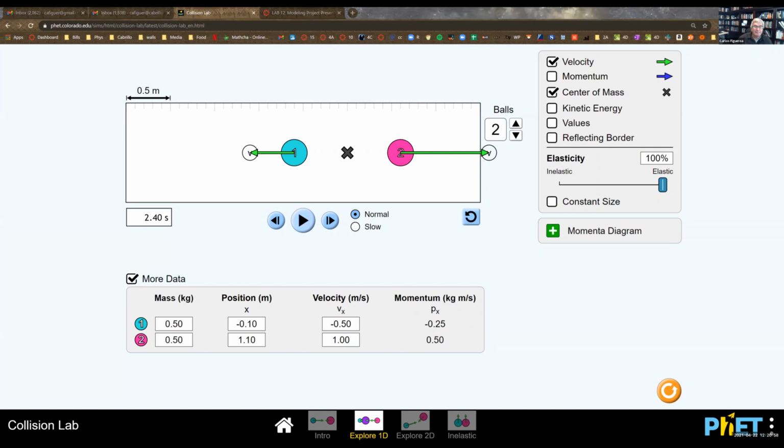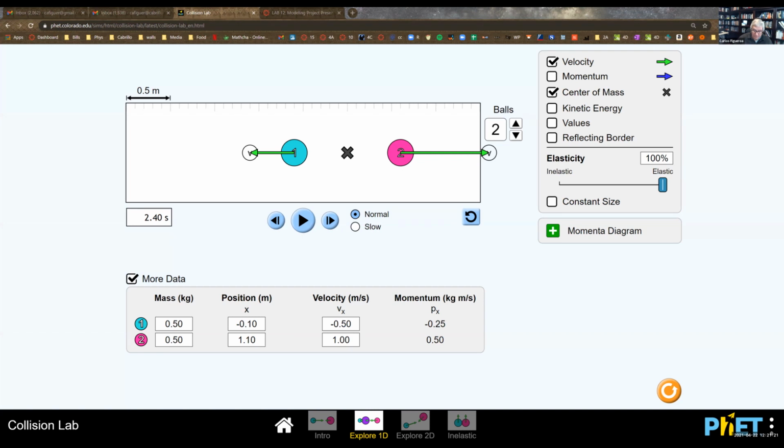That's what I mean about the momentums of the individual particles must rearrange themselves in order to conserve velocity center of mass, or we could say, the total momentum of the system here.